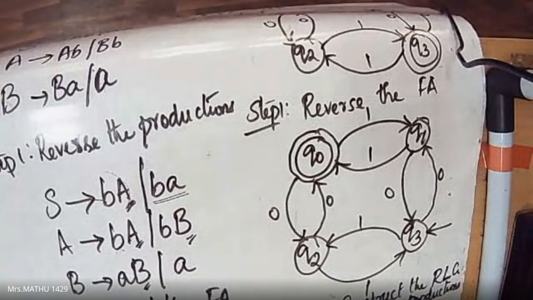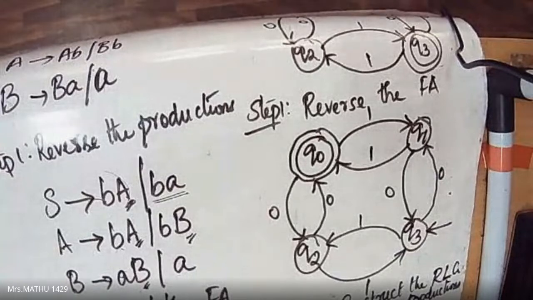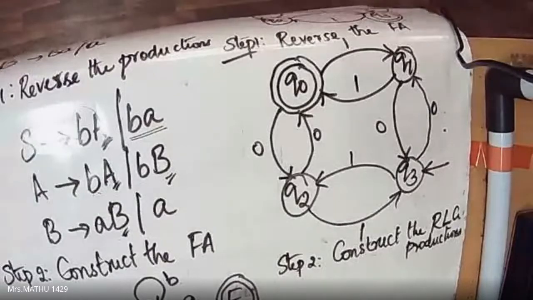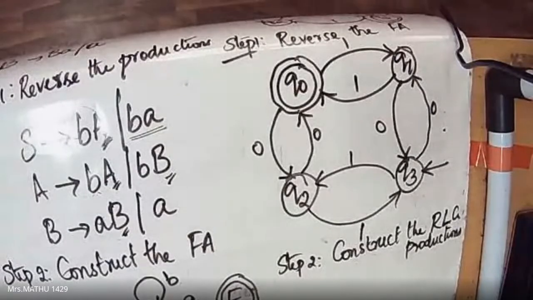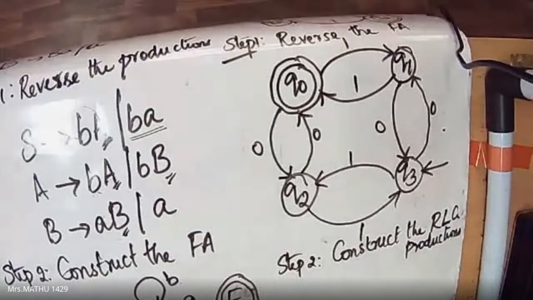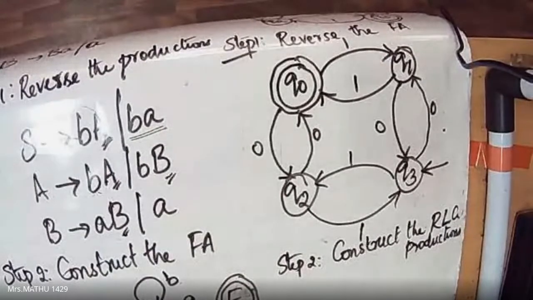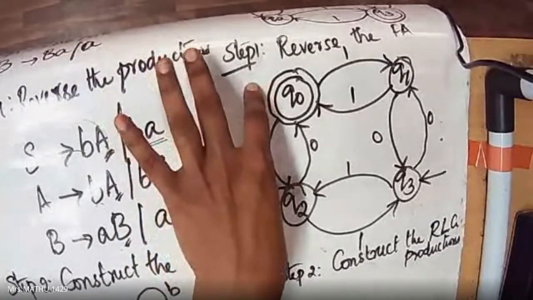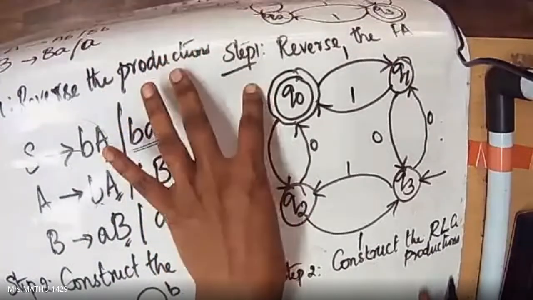Then from the right linear grammar, in the next step, we will again reverse this grammar to get the left linear grammar. Because from a finite automata, we know how to build the right linear grammar productions. So how will you do that? The transitions available in this finite automata will be translated into productions.